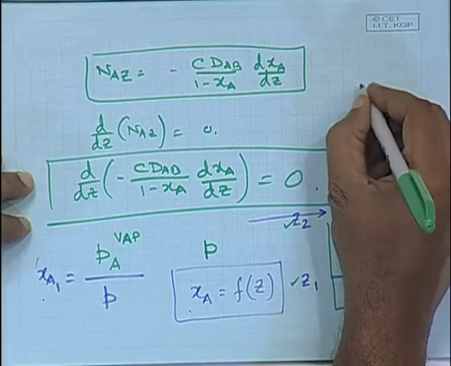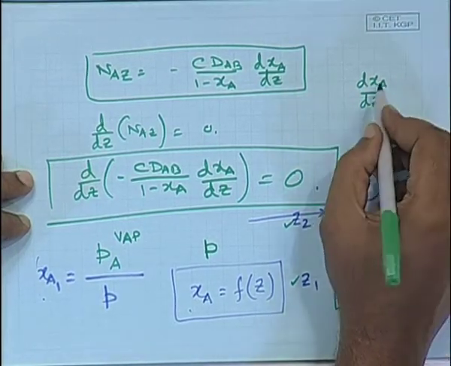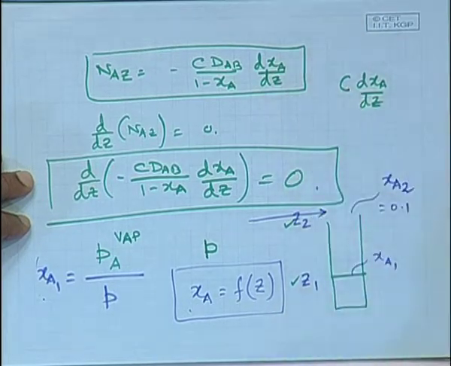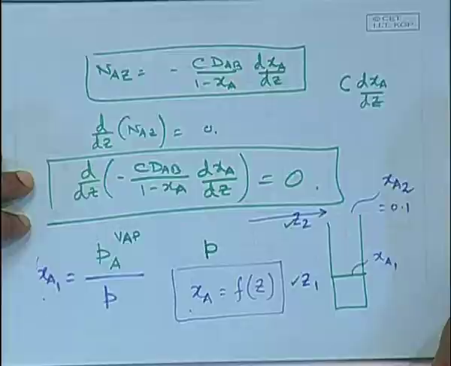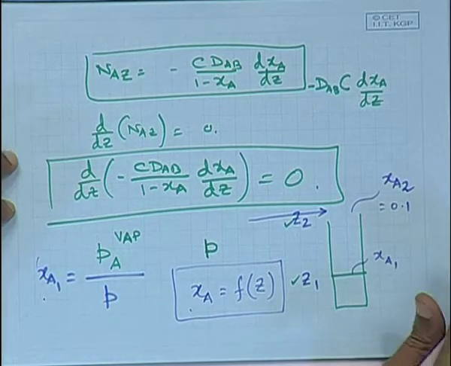All right, you are saying dXA by dZ. Since it is mole fraction, you have to multiply it with C. What else do you have to multiply it with? Minus DAB.